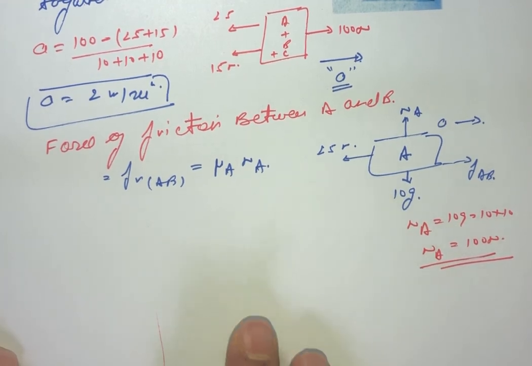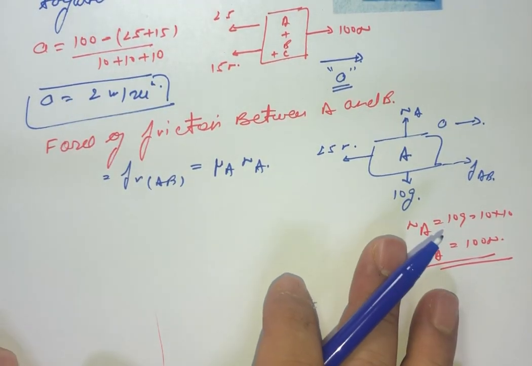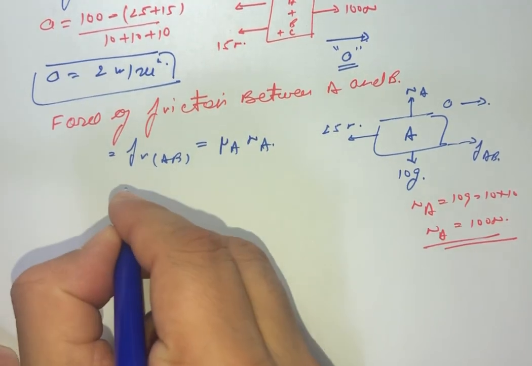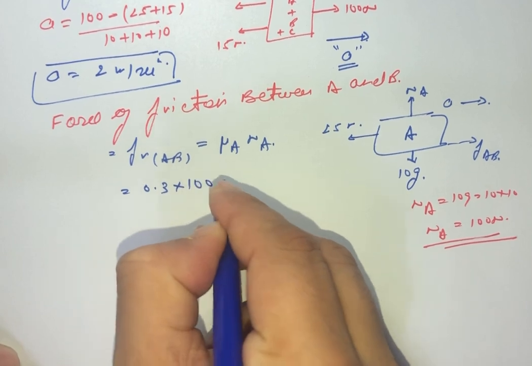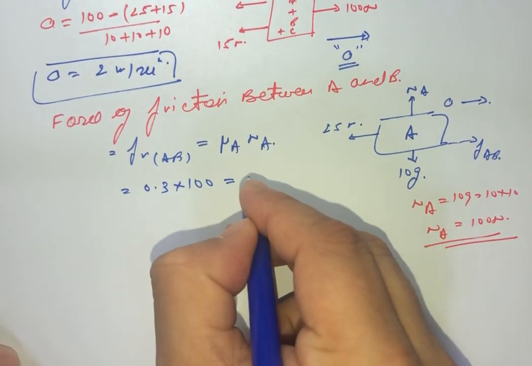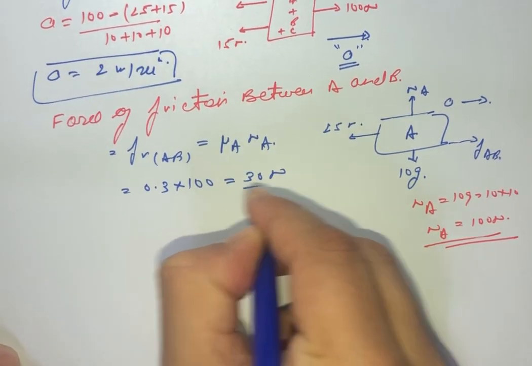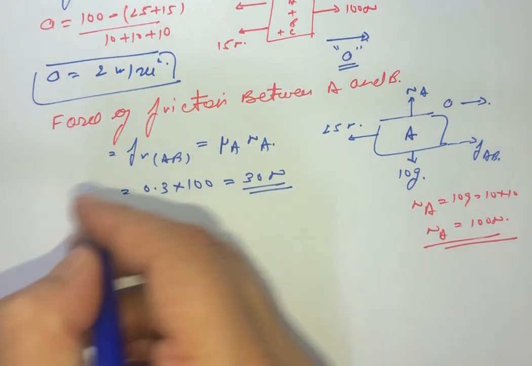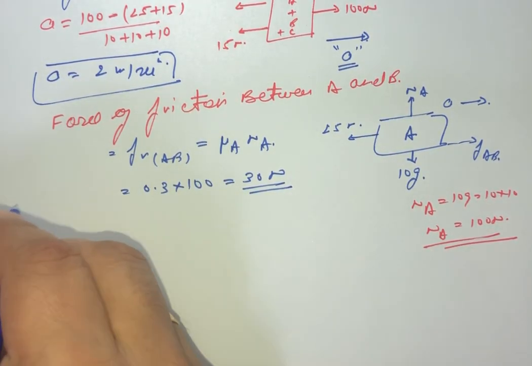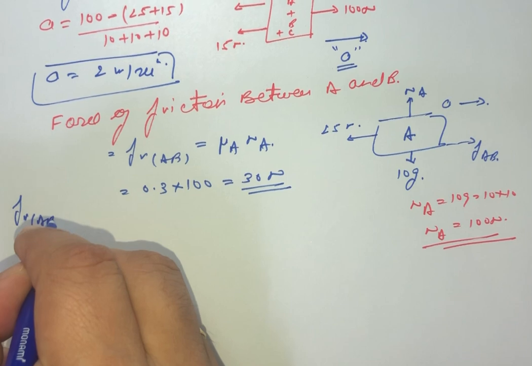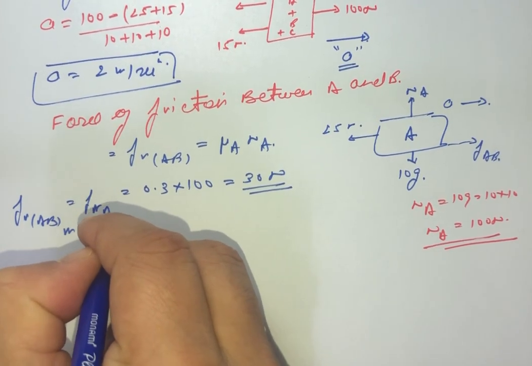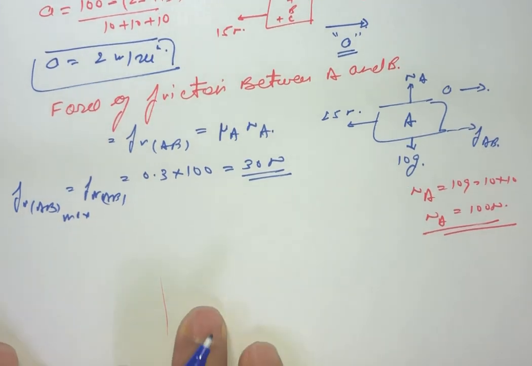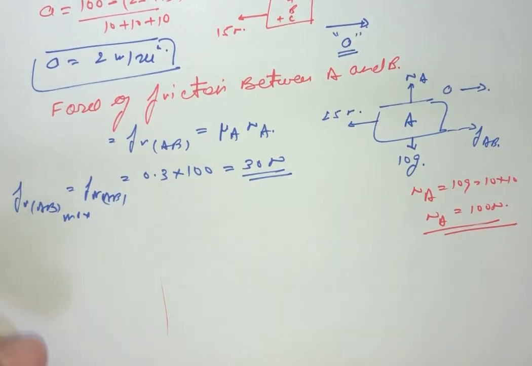And mu is given as static, so this is 0.3, so we write 0.3 into 100, this will give us 30 Newton. So this is our maximum value of friction, FRAB max, the maximum value of friction between block A and block B.